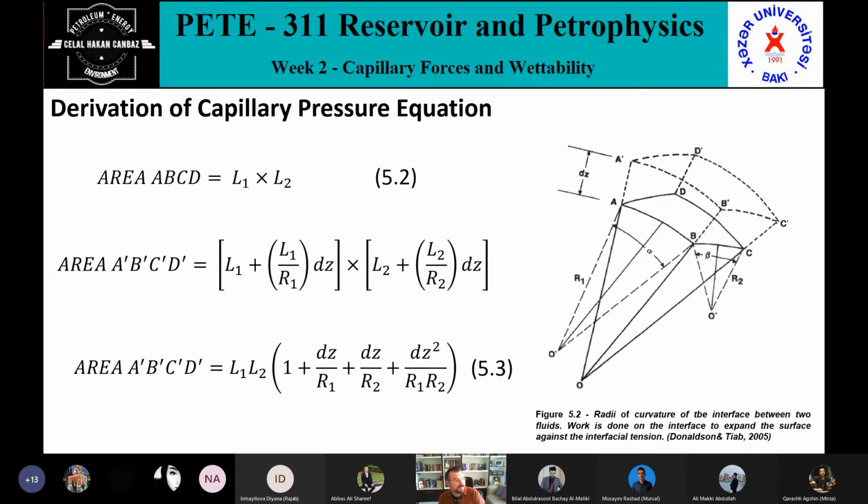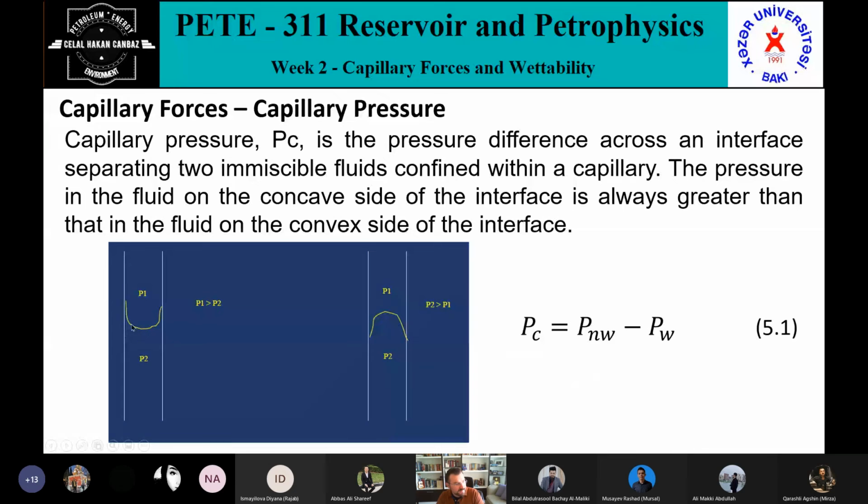So what is going on? Think about this surface ABCD. It is the surface that we see somewhere in here, in micro scale we are talking about.